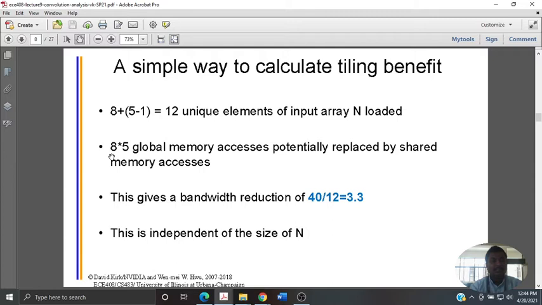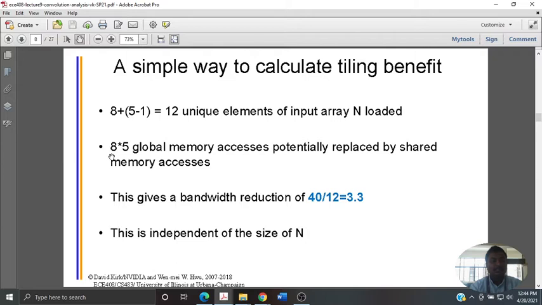So this is loading tile width plus mask width minus 1 elements from global memory to shared memory, replacing many global memory accesses. Tile width 8 and mask width 5, 8 into 5 is 40, and this is 8 plus 5 minus 1, that is 12.